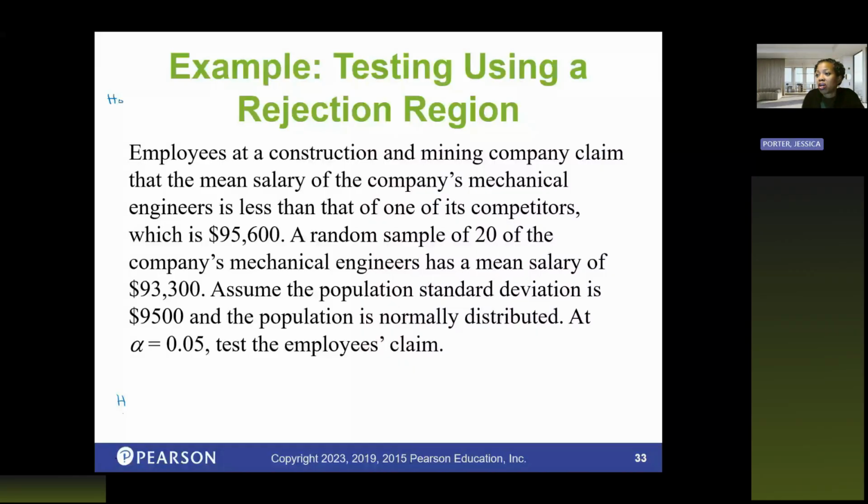So is that the null or alternative hypothesis? It is the alternative. So the mean is less than 95,600. So alternatively, the complement of that is greater than or equal to 95,600. So we got our claim. Great.